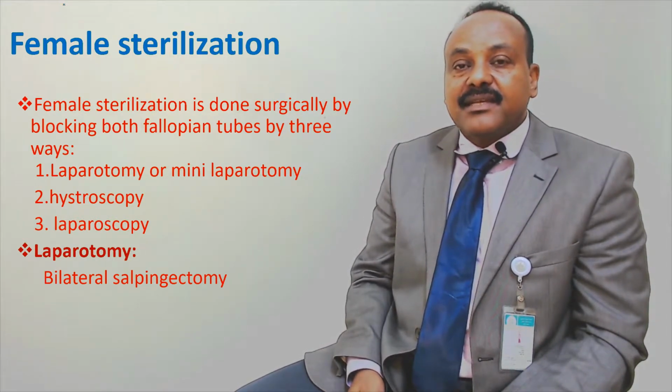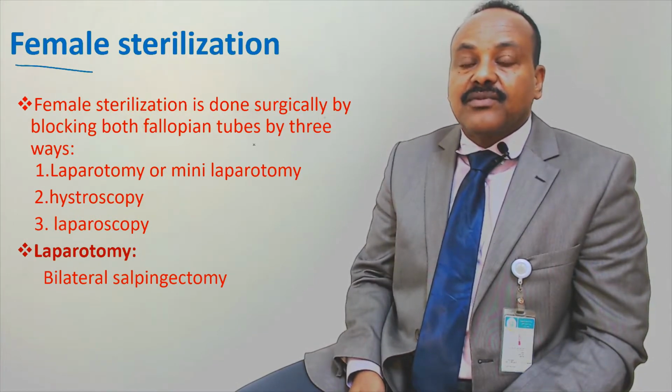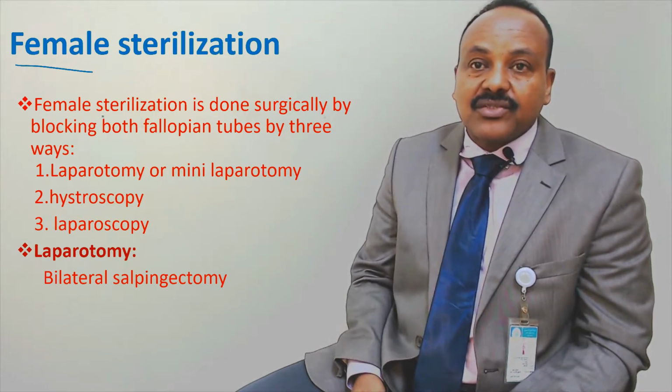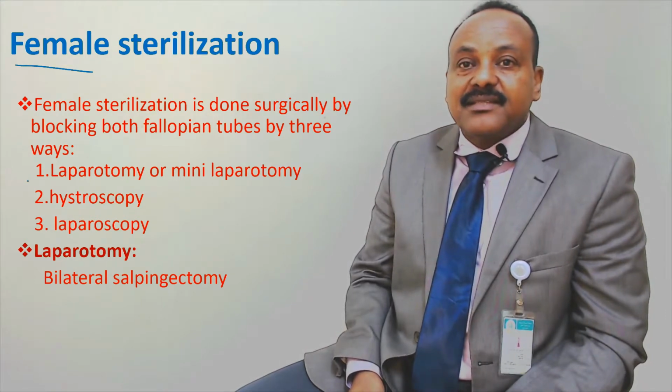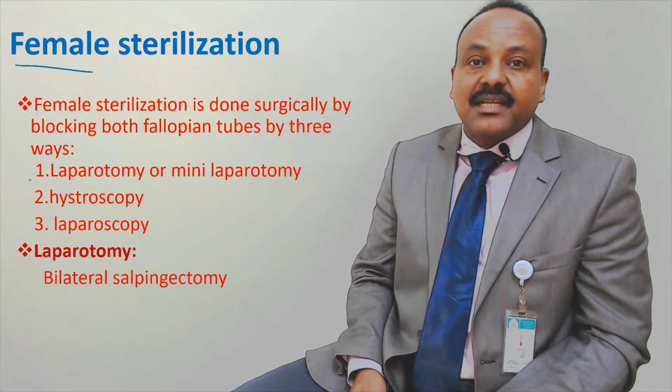Female sterilization: you know that, as I told before, the ovum passes from the ovary to the fallopian tubes, and fertilization occurs in the fallopian tube, and then transmission. Female sterilization is one of the permanent methods, as I explained in the previous lecture.